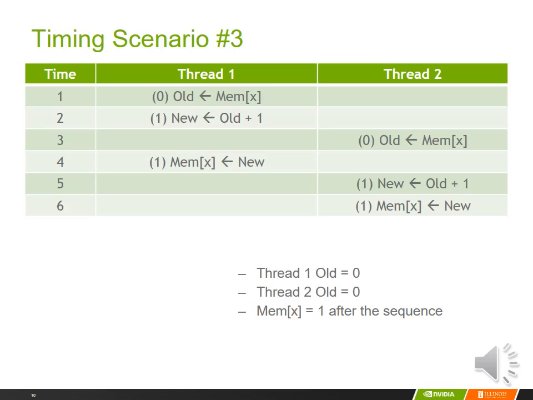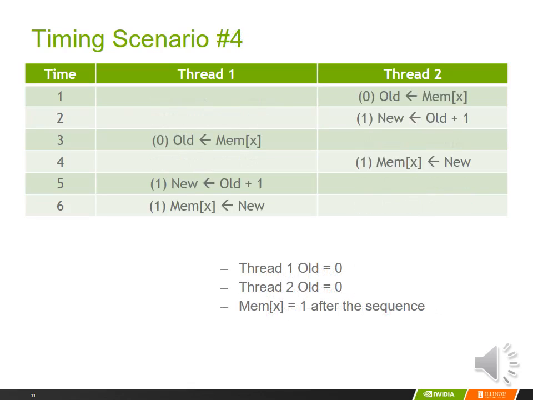So thread 2 loads the memory location X into its old value before thread 1 has the chance to write its new value into memory location X. As a result, both thread 1 and thread 2 have 0 in their old variable, and after the sequence, the memory location X value is 1. And this is a bad outcome.